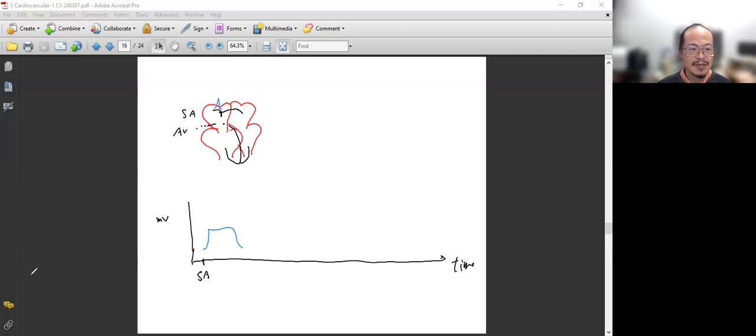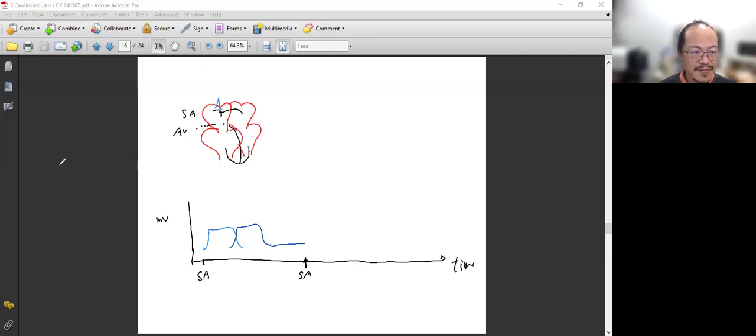I can use another color here. So here is the ventricular action potential, and then resting. And then you have the SA node trigger again, sending out a signal to both left and right atrium.